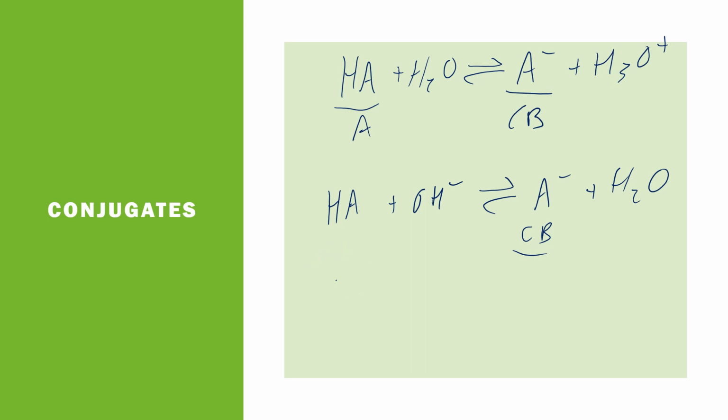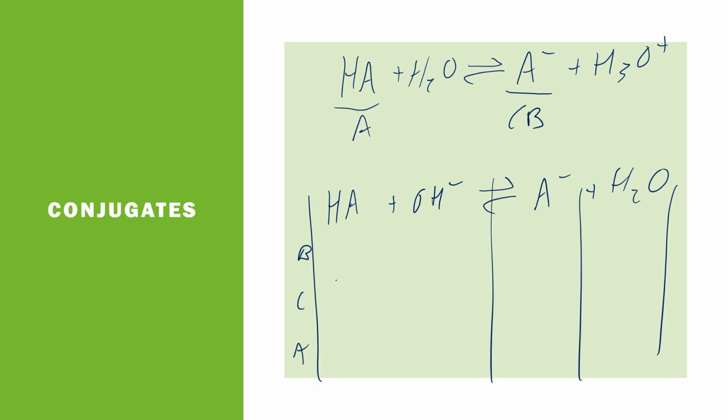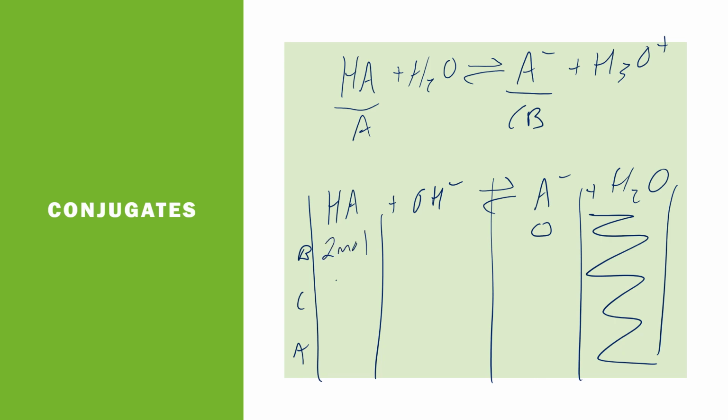Let's look at that from the form of a BCA chart. BCA chart uses moles. So let's say, for example, we don't include water, right? We don't have any of the conjugate base at the beginning. Let's say we have 4 moles of our weak acid and we're reacting it with 2 moles of hydroxide.